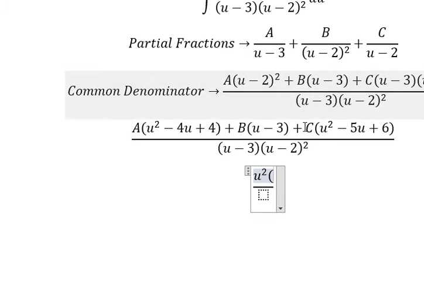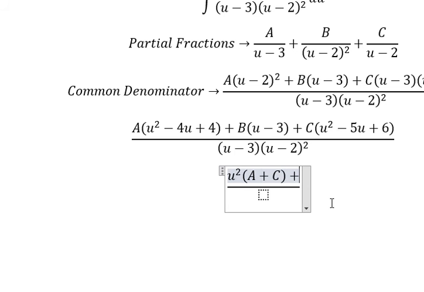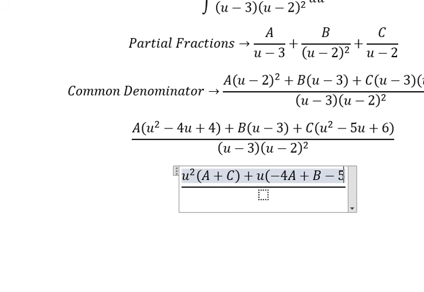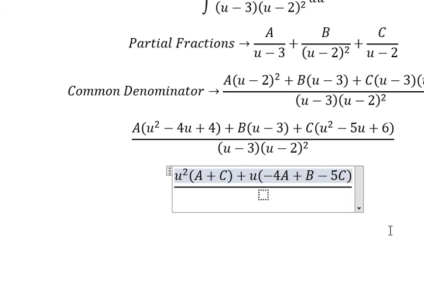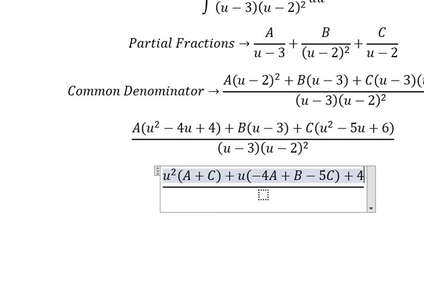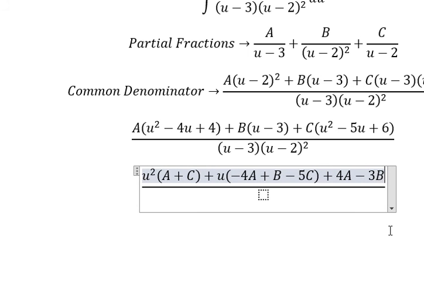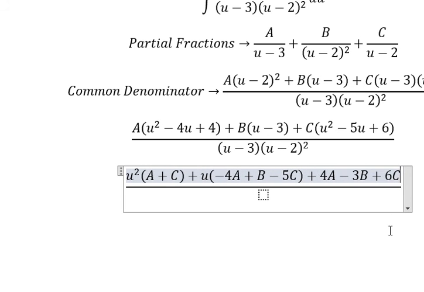So we have A and C in here. About u, we have negative 4A plus B minus 5C. About the numbers, we have 4A minus 3B plus 6C.